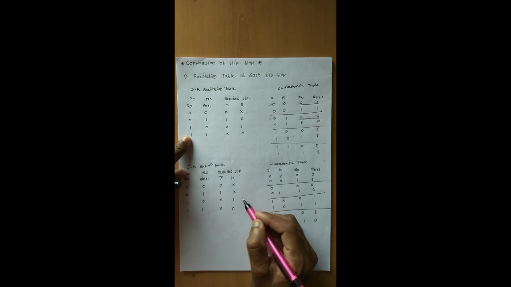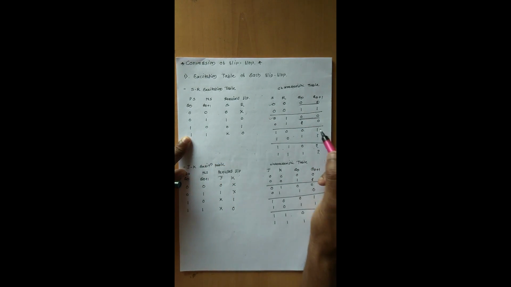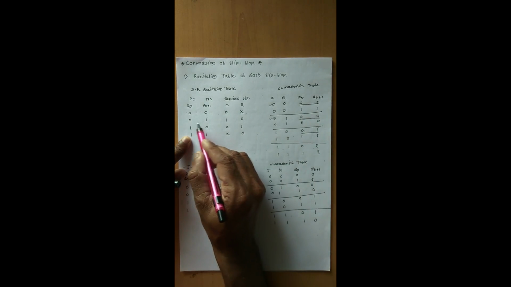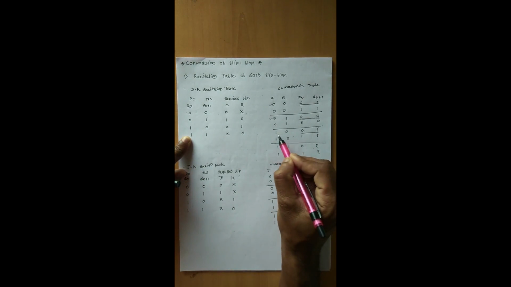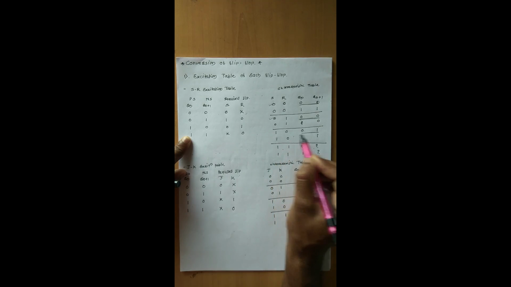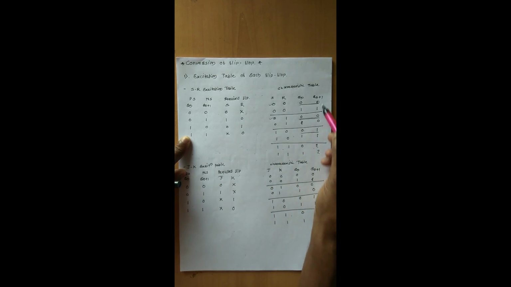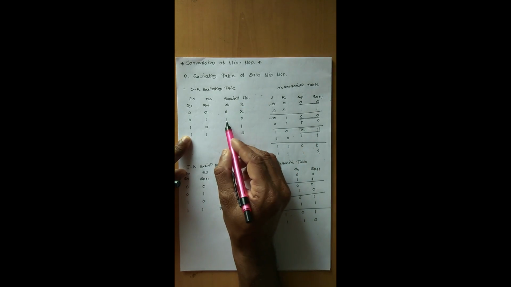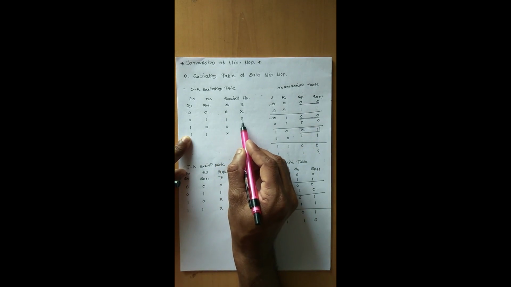Next, let's study the 0 1 condition. Q is 0 and Q of n plus 1 is 1, so 0 1. At that time what is the input condition? 1 0. This state is not repeated anywhere, it is only available once. So for this, S is 1 and R is 0.